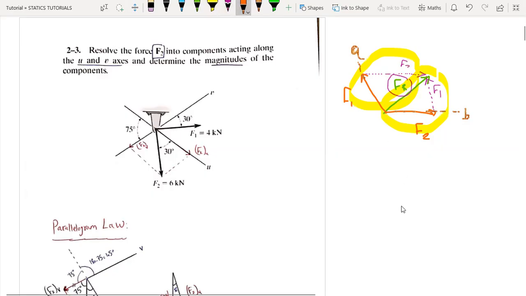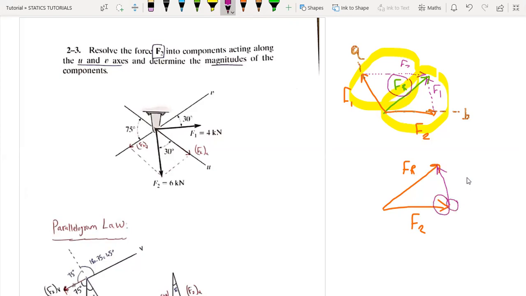So we can say, here is F2 and here is the resultant force Fr, and here is F1. So it is like a tip-to-tail rule. Here is the tip of F2 and here is the tail of F1.